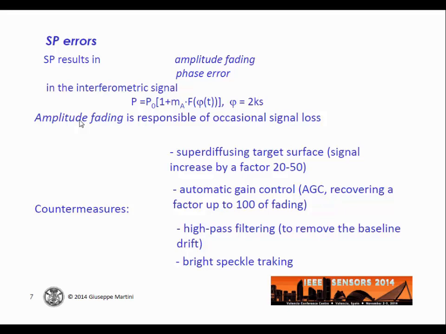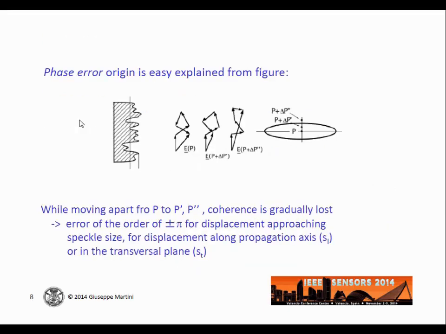We can use a super diffusive target. We can use an automatic gain control or high-pass filtering to remove baseline drift, or a bright speckle tracking. Once amplitude fading is cured, we are faced with a phase error.